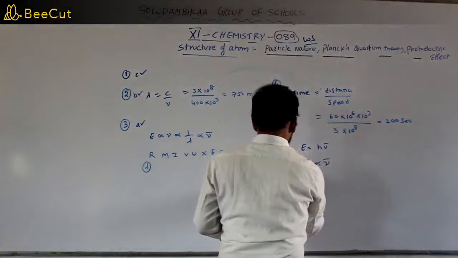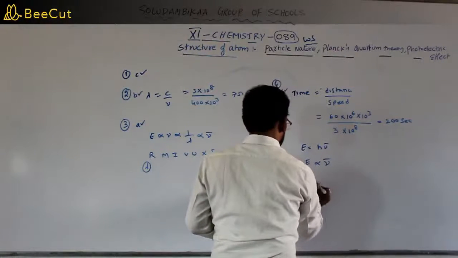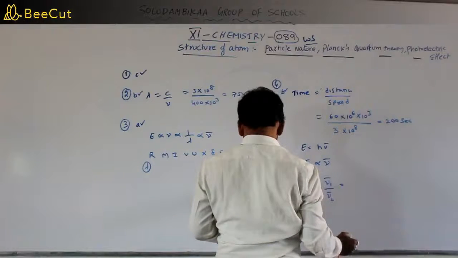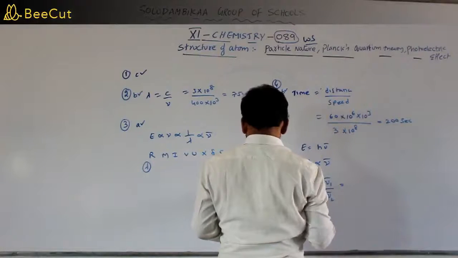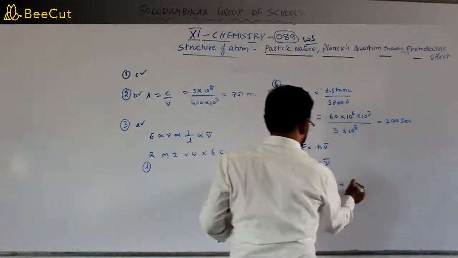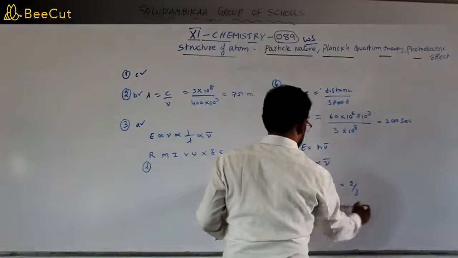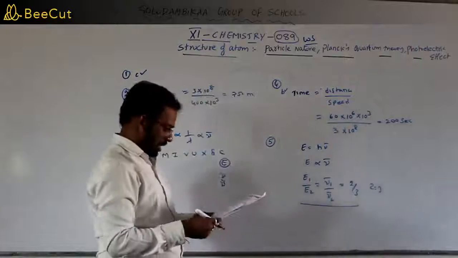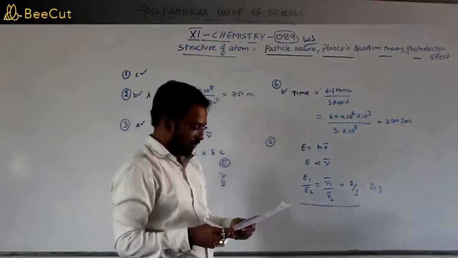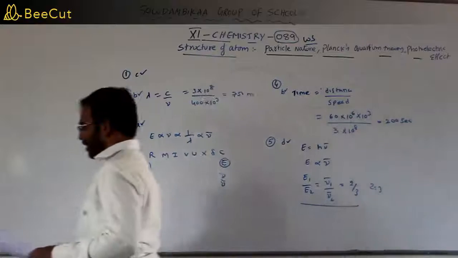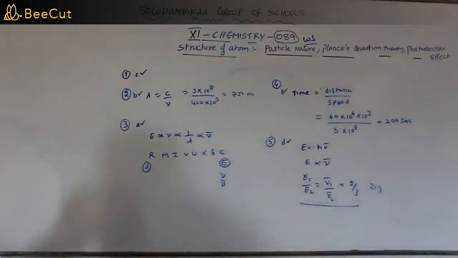So we write E1 by E2 is equal to nu1 bar by nu2 bar. The wave numbers are given in the ratio 2:3, so energies are also in the ratio 2:3. Directly we can write the answer, 2:3. Option B is correct for question number 5.